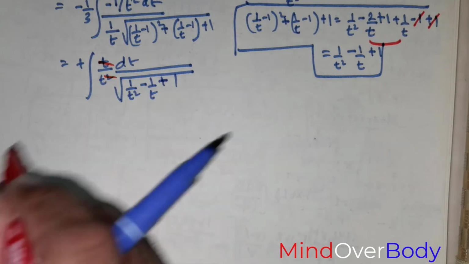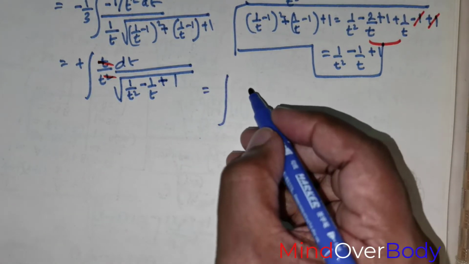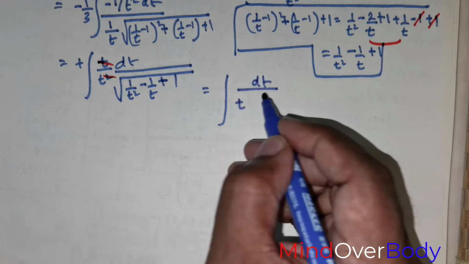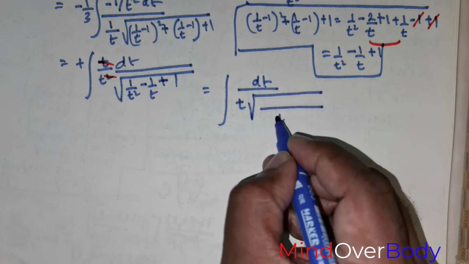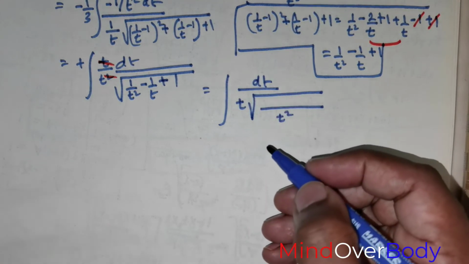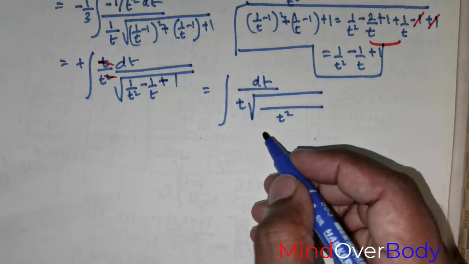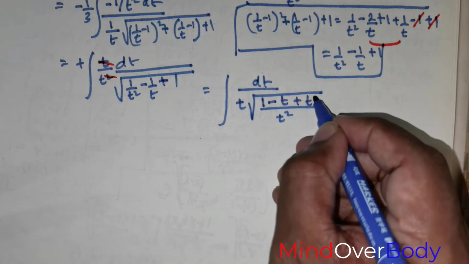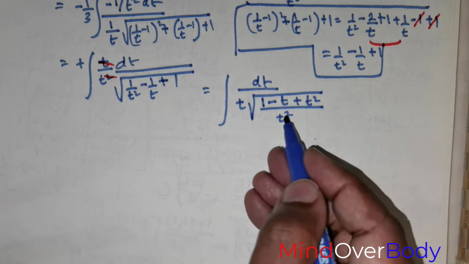Now a t and a t squared can be cancelled. So this is going to be integral dt over t times root of, if I were to take t squared as LCM, this will produce 1 negative t positive t squared. So I can take the t out.